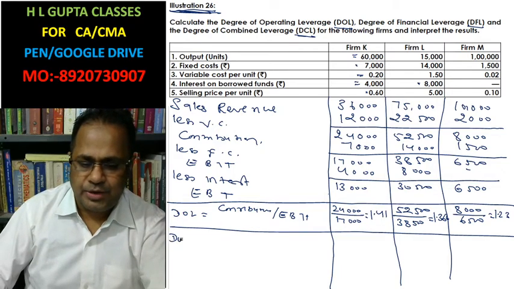Now, degree of financial leverage. The formula is EBIT divided by EBT.